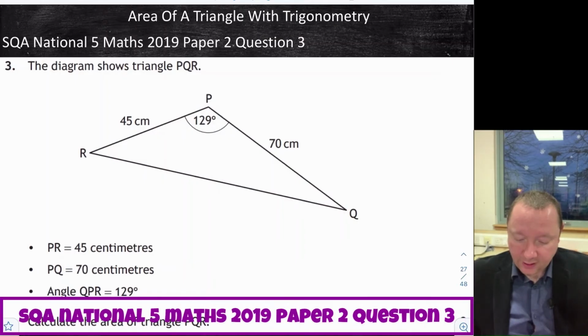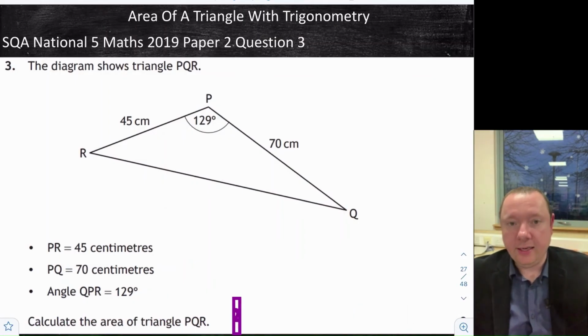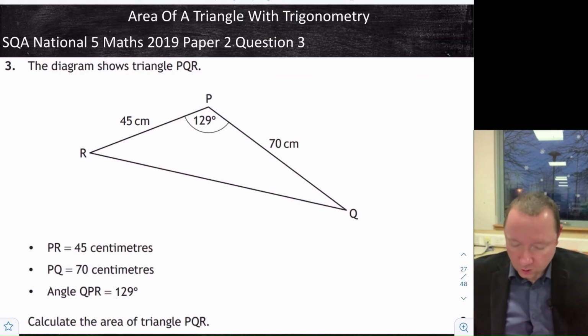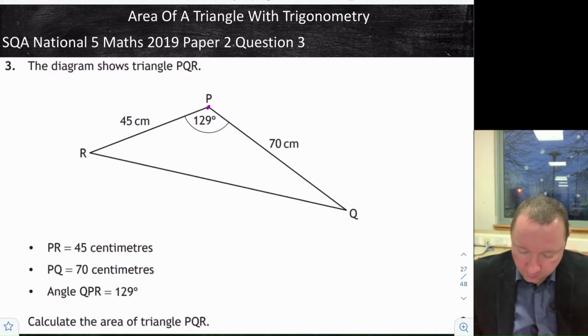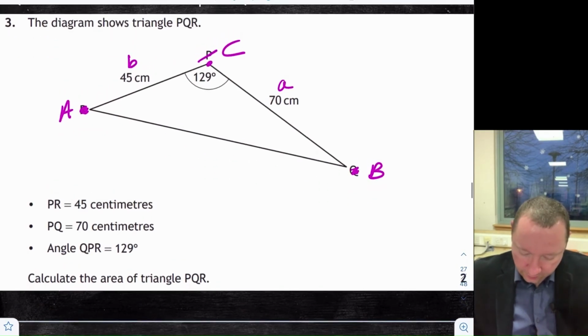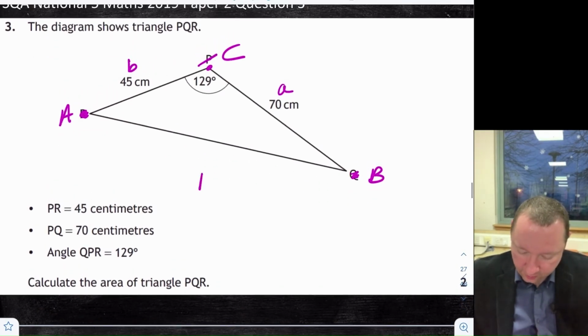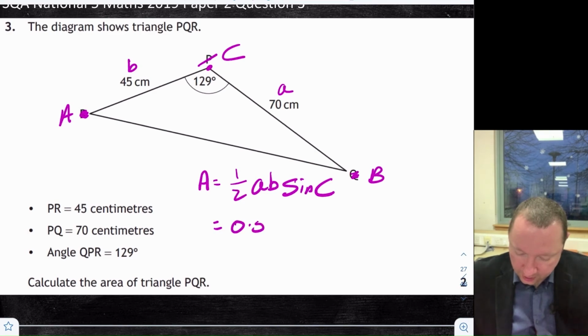National 5 Maths 2019, Paper 2, Question 13. So for this one, again, we've got our angle, so we'll call that our C, and then the other 2 sides could be our A and our B, and that would be our A and that would be our B. Calculate the area of triangle PQR. So the area is a half AB sine C. So for a mark, 0.5 times 70 times 45 times the sine of 129.